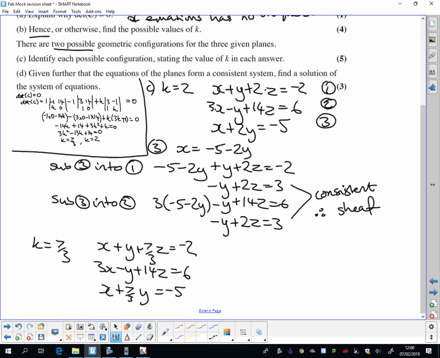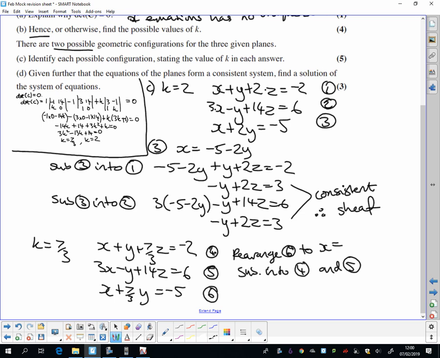If you do the same thing again with your equations, so rearrange 6 to x equals, for example, substitute into 4 and 5, you should find in this case the equations are inconsistent.